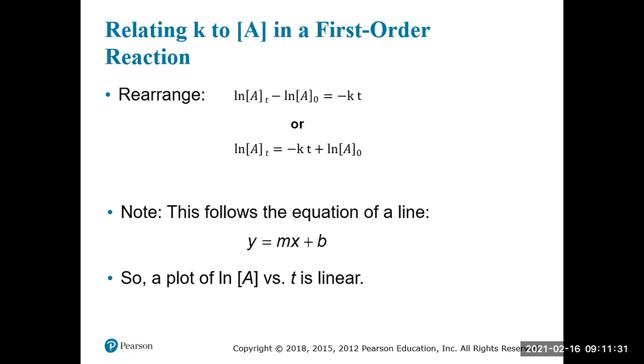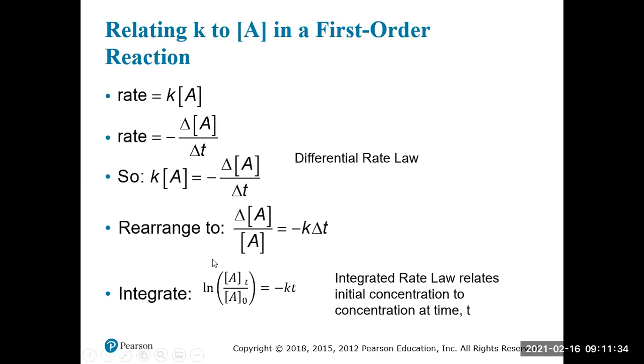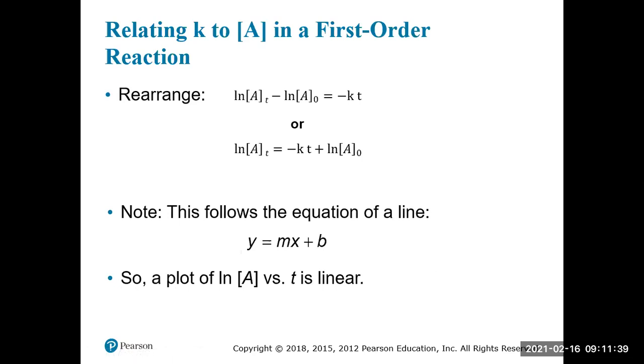You can further rearrange this equation at the bottom to get natural log of A at time t equals minus kt plus natural log of A at time 0. And you might ask, why would you want to rearrange that? Well, if you look at it this way, you can think of y equals mx plus b, the standard equation for a straight line.